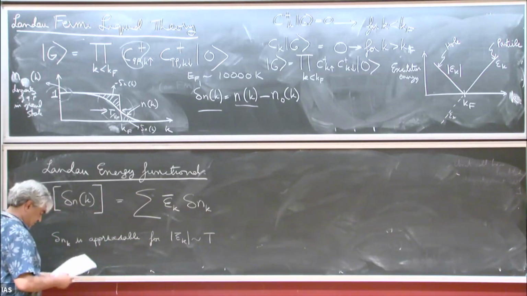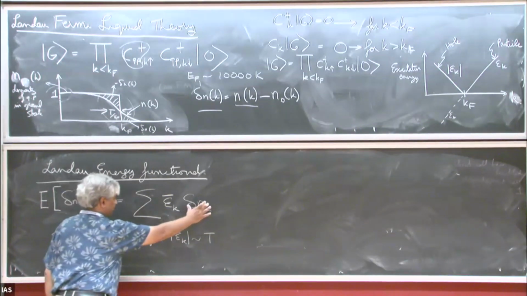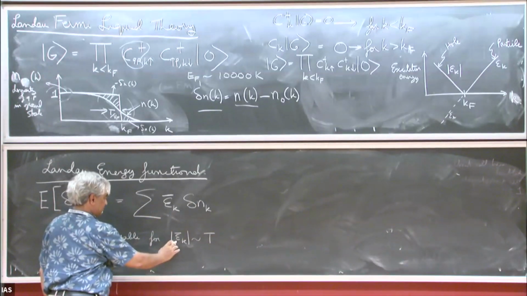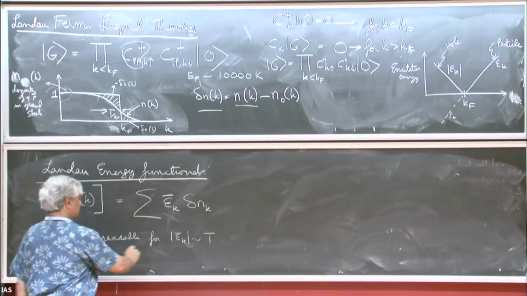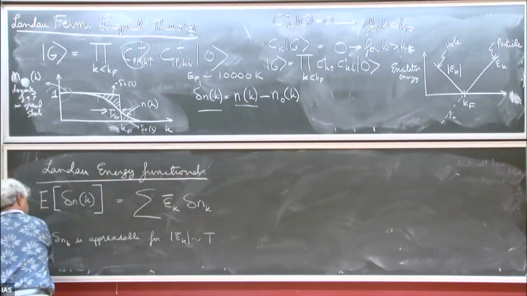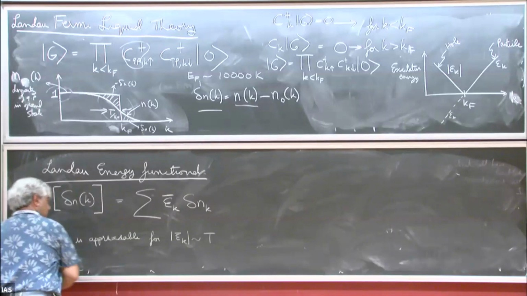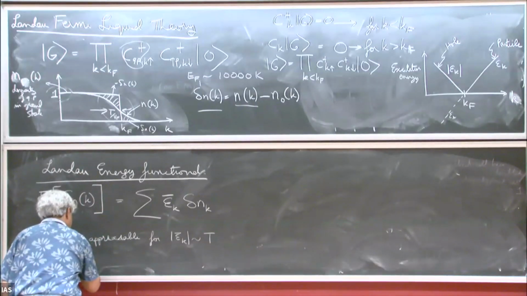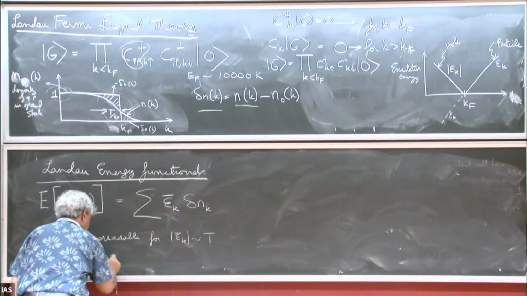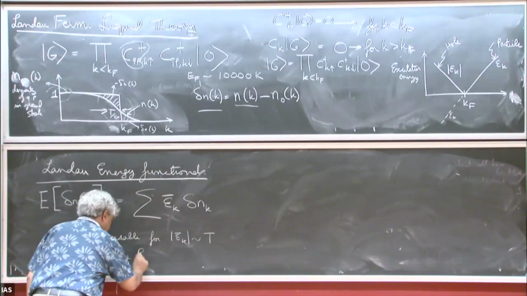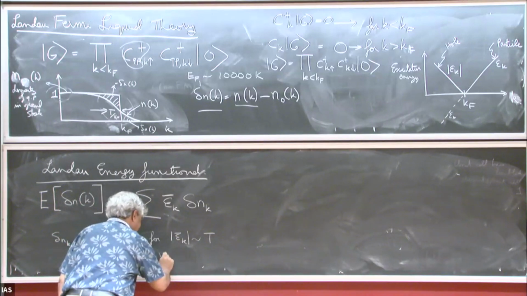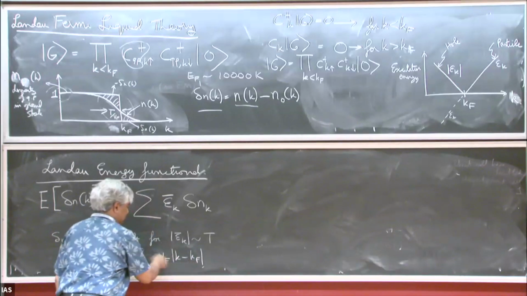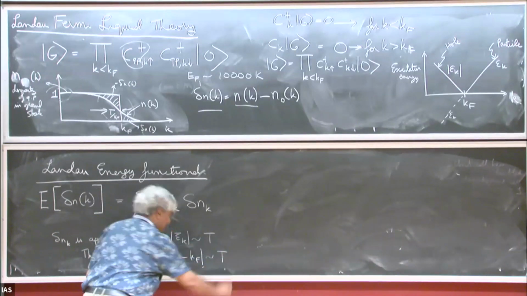So this number is of order 1 in this window, but the range that you have to integrate over is appreciable for this energy Vf times k minus kf, where Vf is some Fermi energy of order temperature.